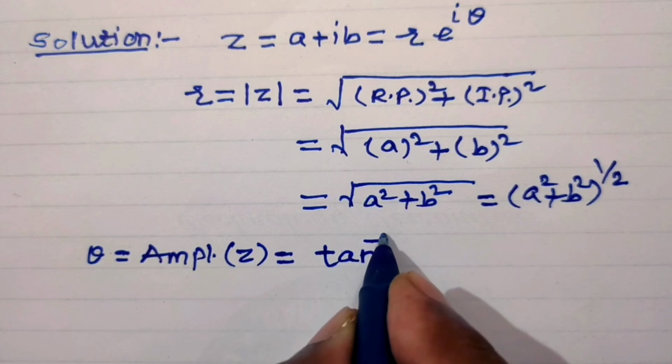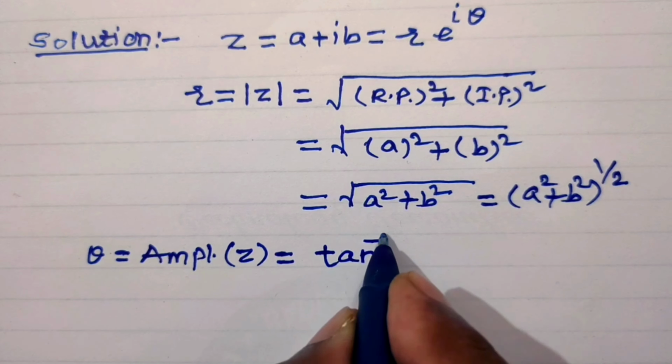If we assume z is equal to r times e to the power i theta, then the conjugate z bar is given by r times e to the power minus i theta. Hence let us find a plus ib upon a minus ib.